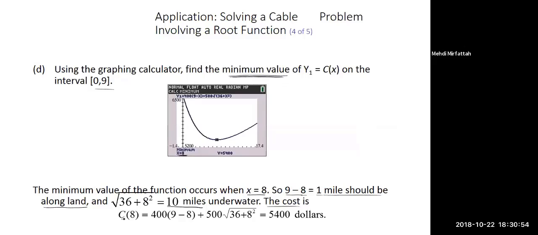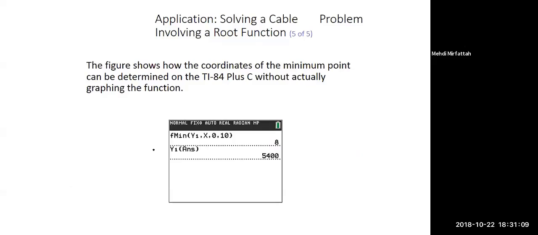And we can find the cost by letting X equal 8, and that would be the minimum cost for that condition. Your calculator can actually evaluate that as well by using the numbers here. F minimum would give you that value right there on your calculator.